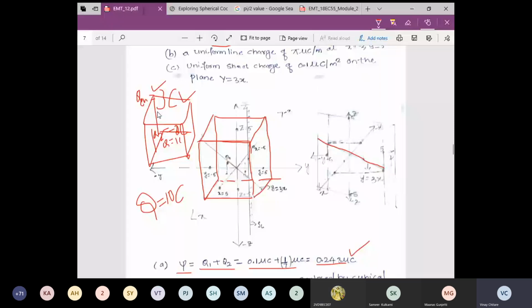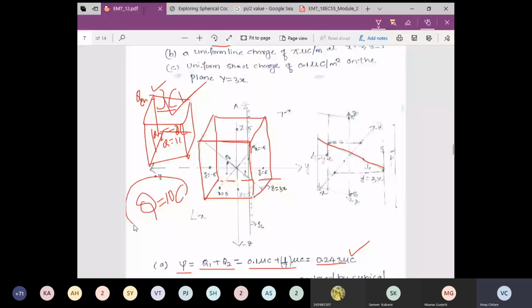It is 3 coulomb because if you want to find a flux leaving a surface, we should find the charge inside that closed surface. We should not count the charge which is outside that surface.